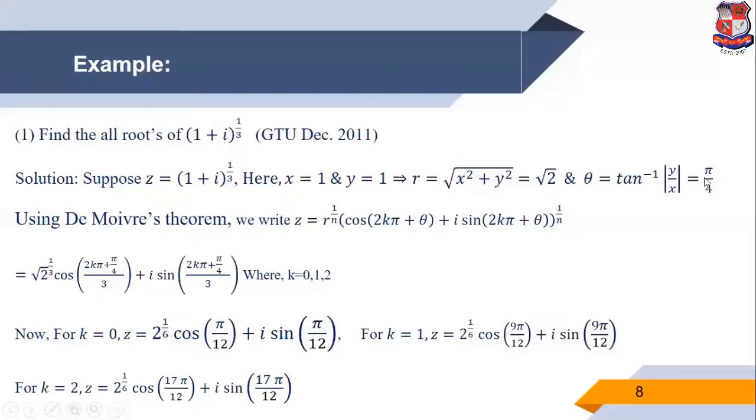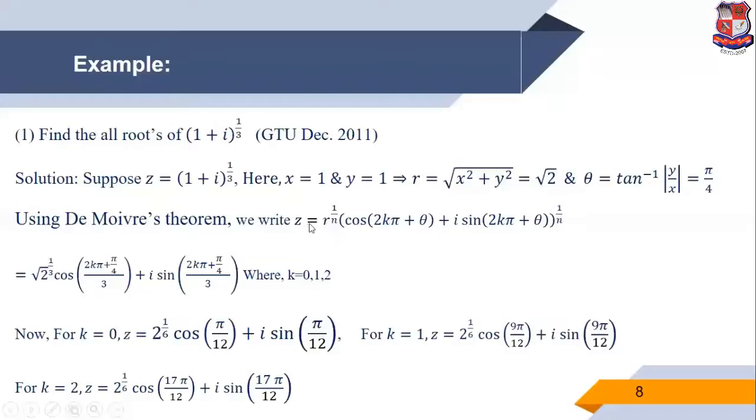So using De Moivre's theorem, we write z as the polar form r into e raised to I theta, raised to n, we know that. So r raised to 1 upon n into cos 2k pi plus theta plus I sin 2k pi plus theta, raised to 1 upon n. But here n is equal to 3. So we write r is equal to root 2 and input here.